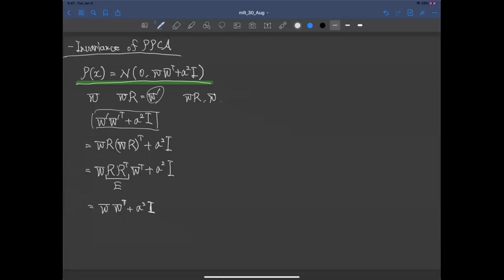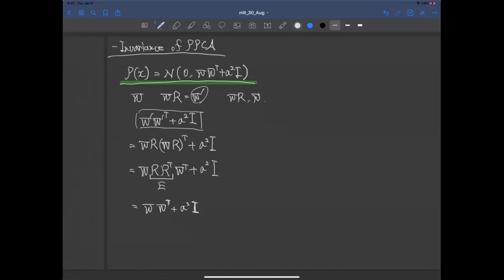So that's one of the characteristics of probabilistic PCA. Yeah, that's a little bit interesting, right? Let's think about training this model regarding W. However, there's a different W, multiplied by an orthogonal matrix, but the distribution is the same, right?